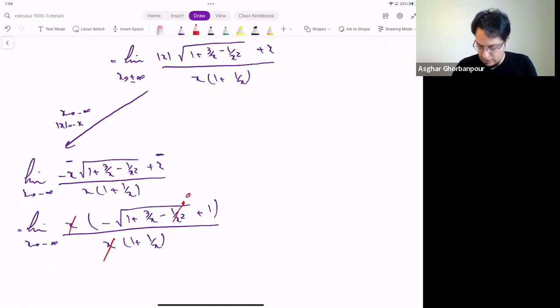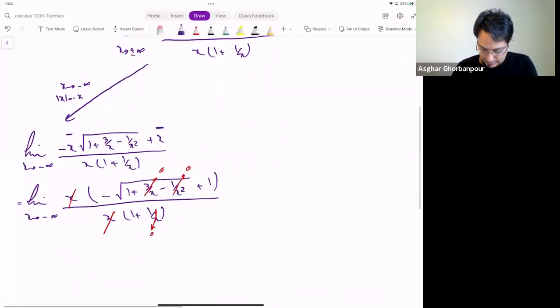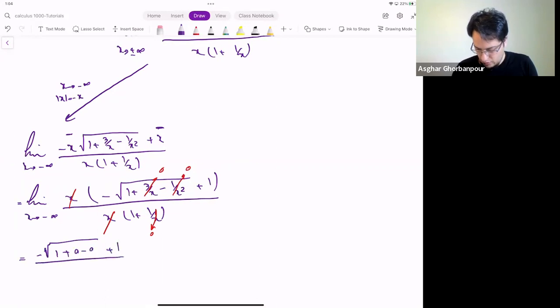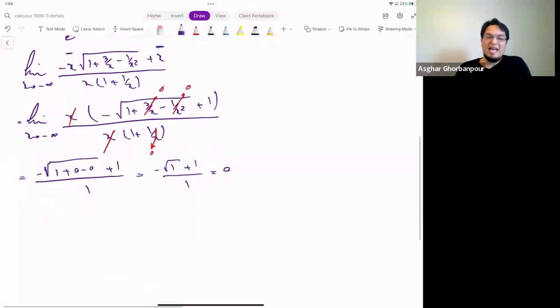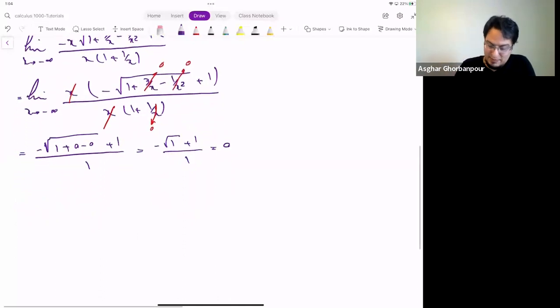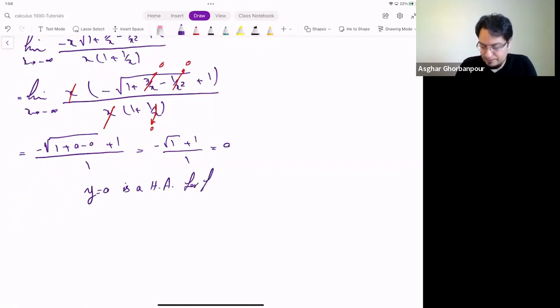This will go to 0, this will go to 0, this will go to 0, and then I will get negative 1 plus 0 minus 0 plus 1 over 1. This is negative root 1 plus 1 over 1, which is 0. So as x goes to negative infinity, the function has limit 0. So y equal to 0 is a horizontal asymptote for that.